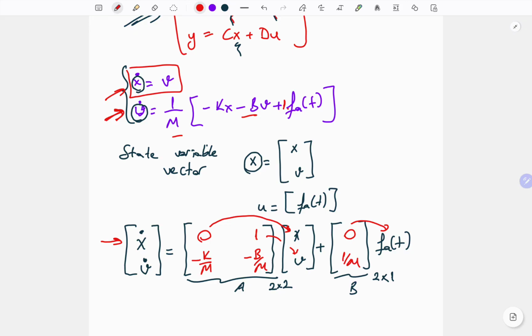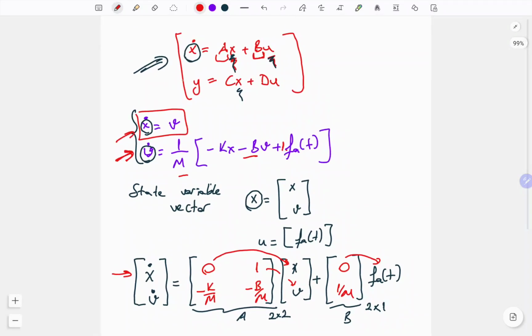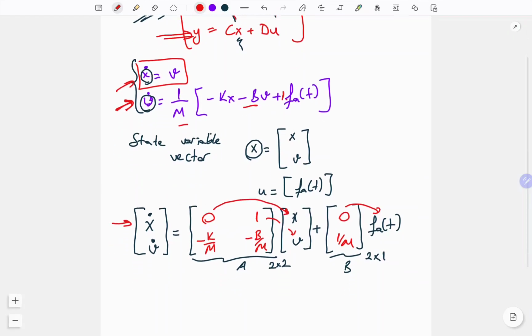So we have the first part, the state variable matrix form. In addition to that, if we want to obtain an output equation or equations, we need to write y = Cx + Du according to our outputs.